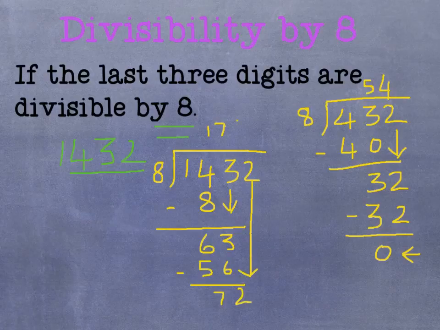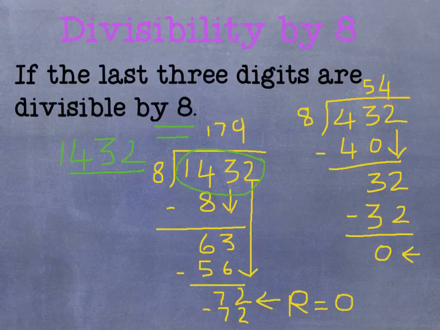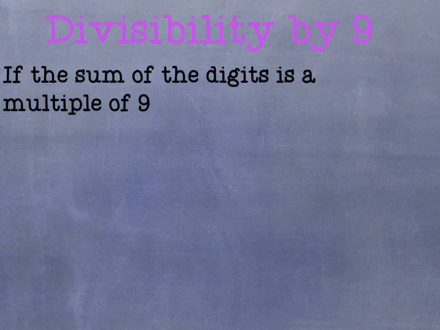We know that 8 times 9 is 72. So on subtracting, we get the remainder in this case as 0. Therefore 1432 is exactly divisible by 8.